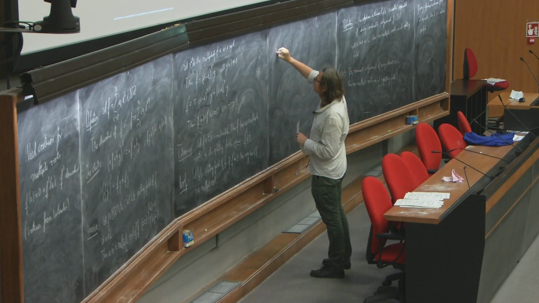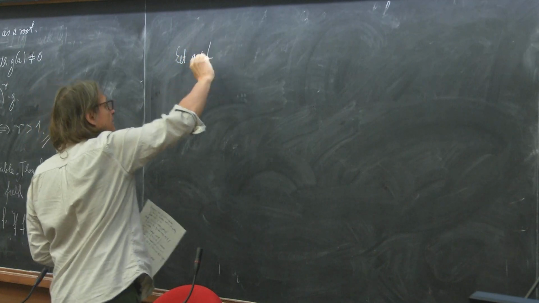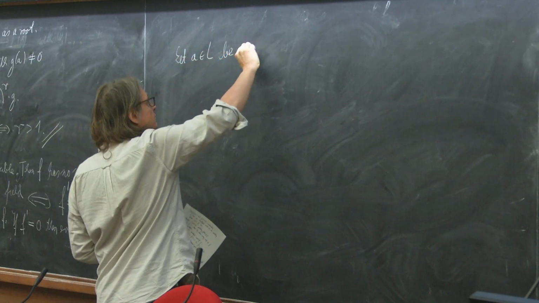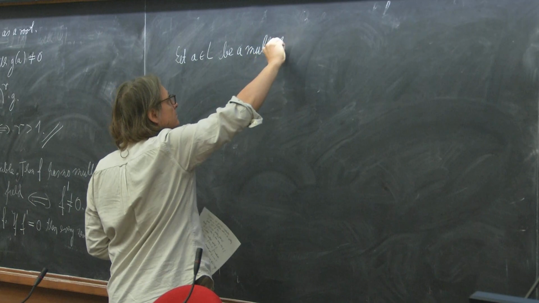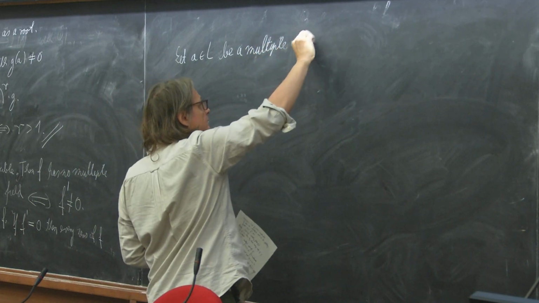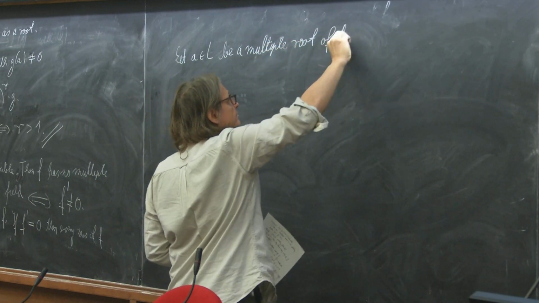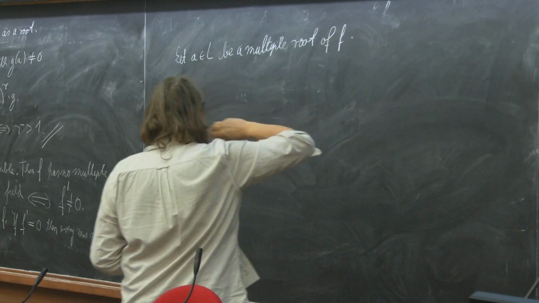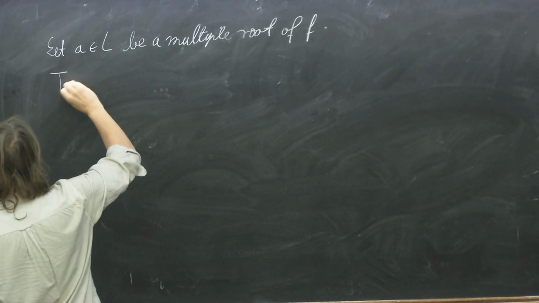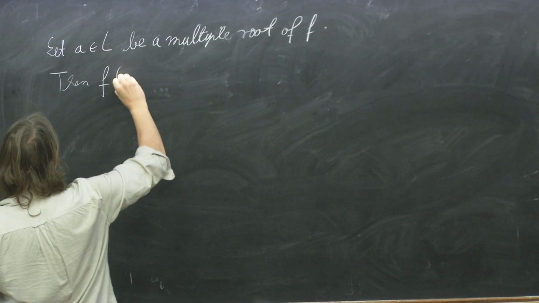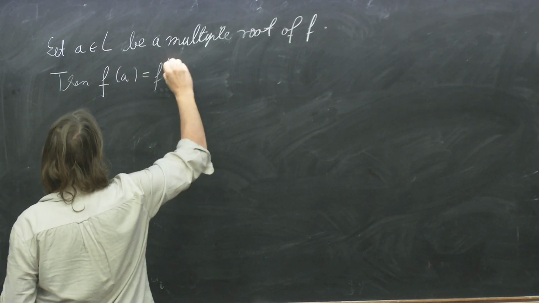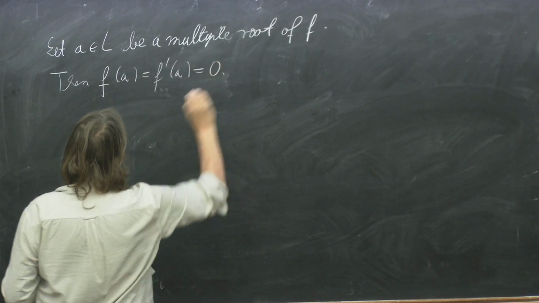So let A in L be a multiple root of f. Then f of A is equal to f prime of A, which is 0.